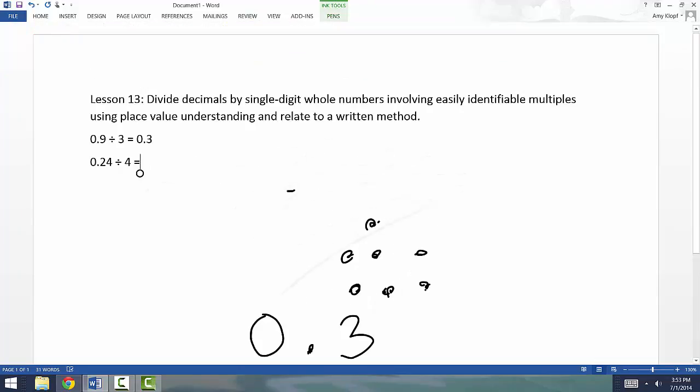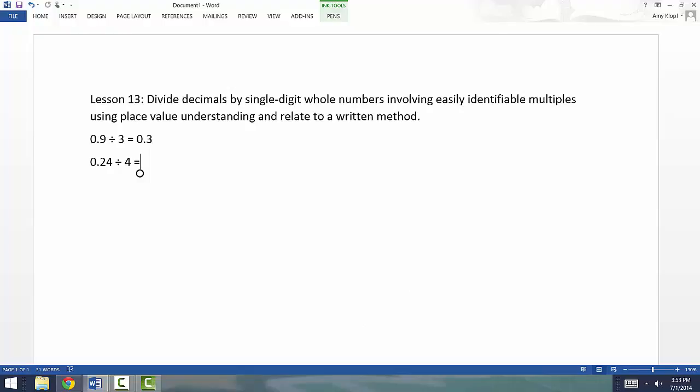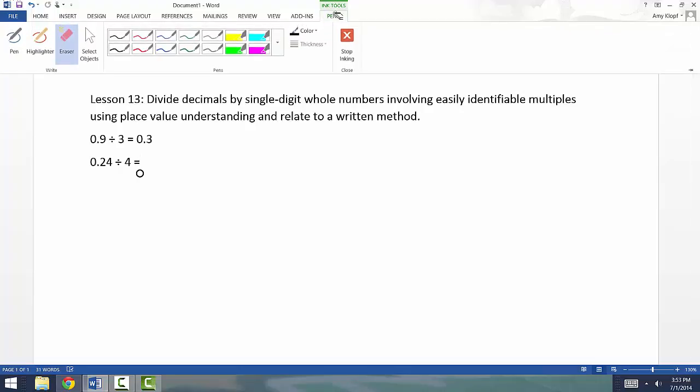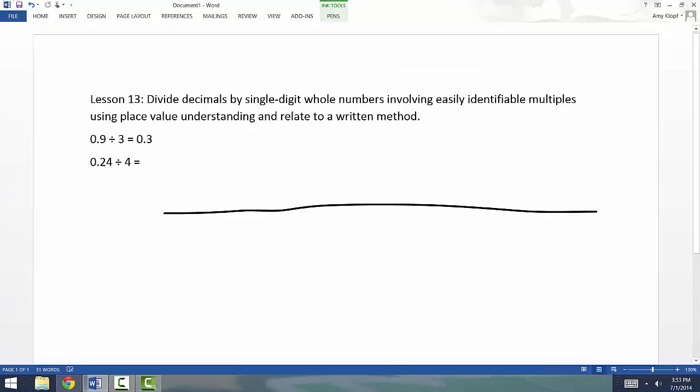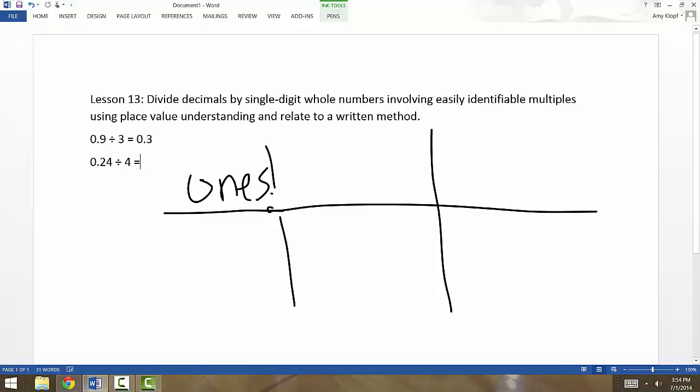Using place value this time, I have 4 groups of 3 tenths plus 4 tenths. Our answer becomes 12.4.